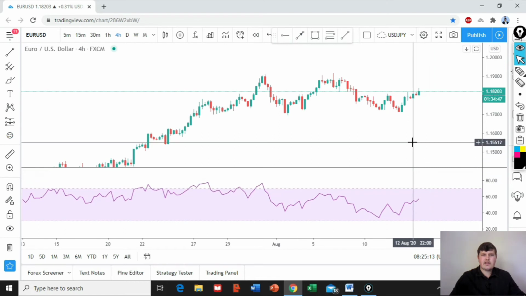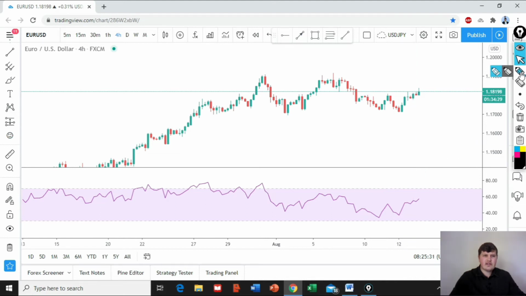And how this RSI, or Relative Strength Index, works is it helps traders to evaluate the strength of the current market conditions, and it is used to identify overbought and oversold conditions in the market.